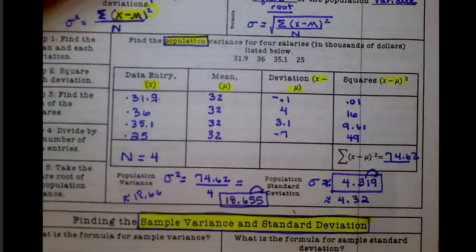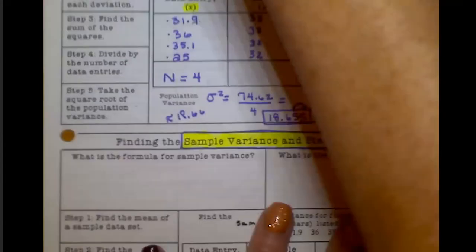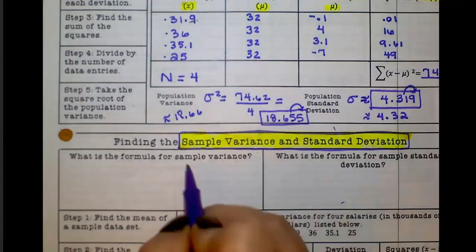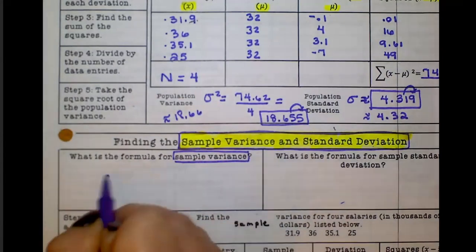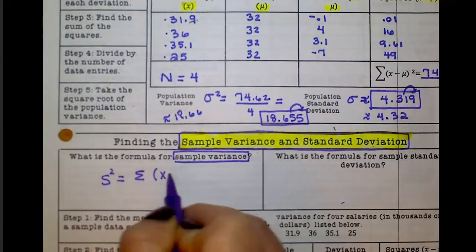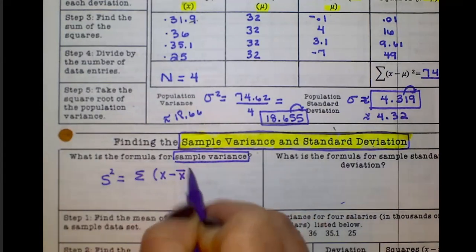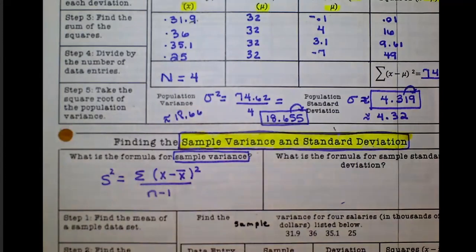Now we're going to take a look at the sample. Okay, here is the formula for sample variance. Notice that it's almost the same, except we're using different symbols, and we're also dividing by an n minus 1.